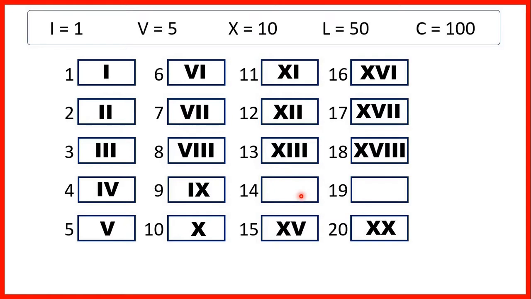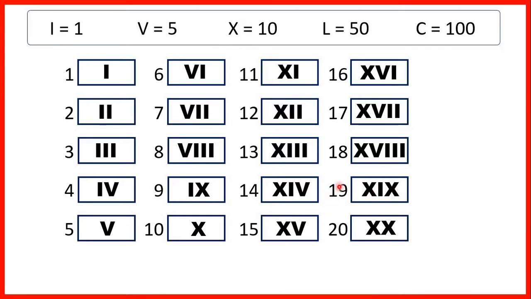Now 14, they combined 10 and 4. So 10 is X, and then 4 is 1 before 5, so that's I before V. Then for 19, they could take the 1, that's 10, so they could write X, but then for 9, they wrote 1 before 10, so they wrote XIX.